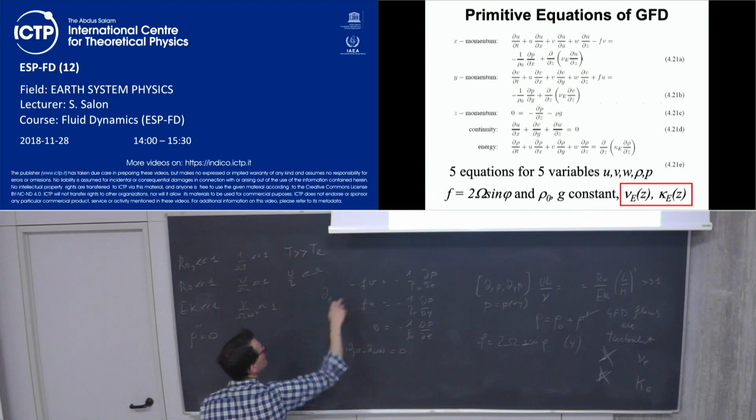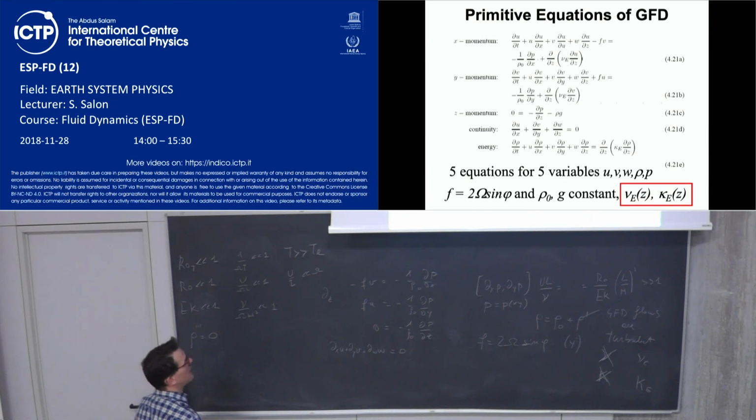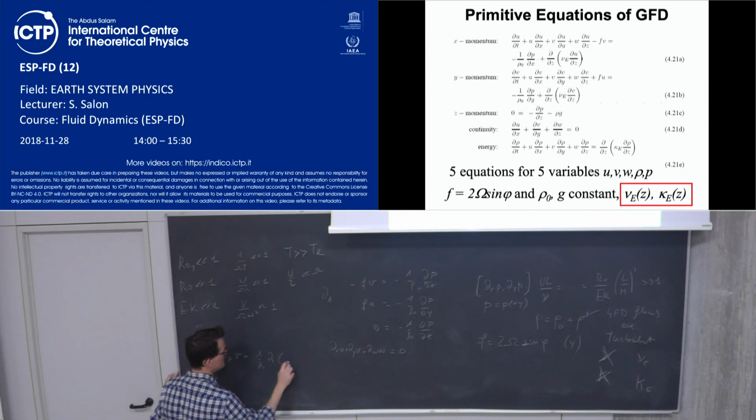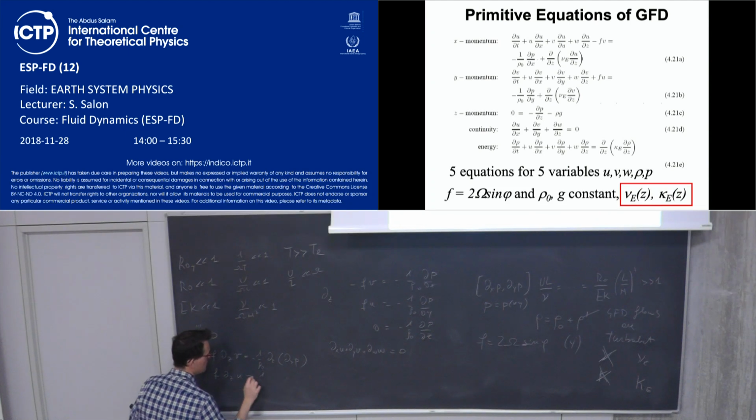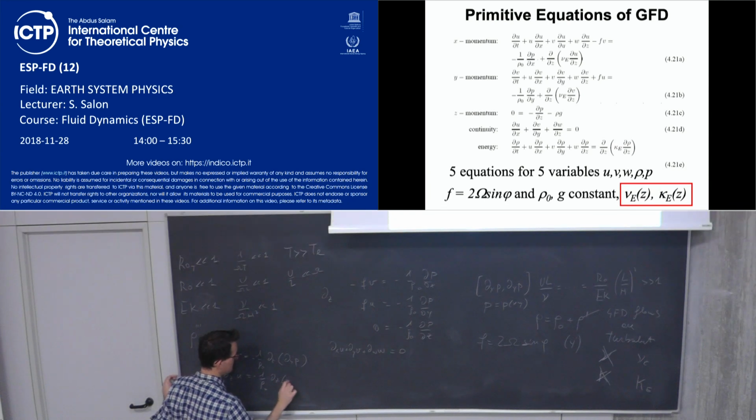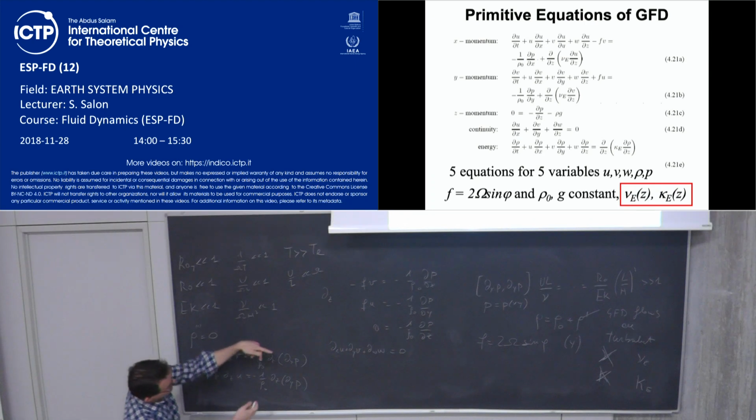If we apply the vertical derivative, what we will have is that minus f dz v is equal to 1 over rho 0 dz dx p. And the second one is f dz u is equal to minus 1 over rho 0 dz dy p.